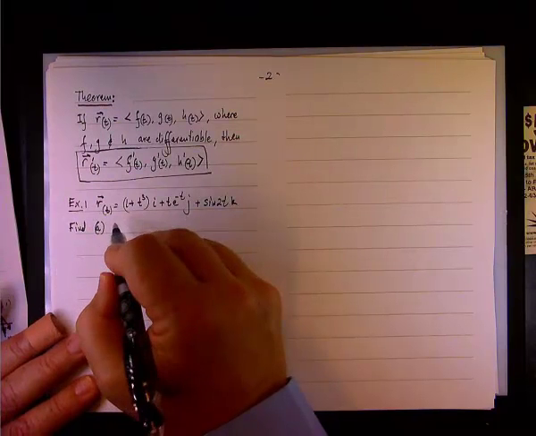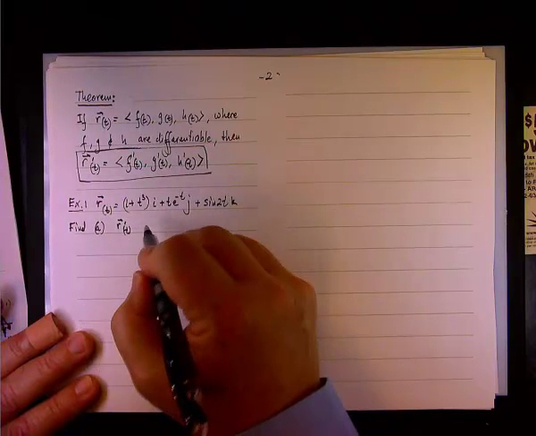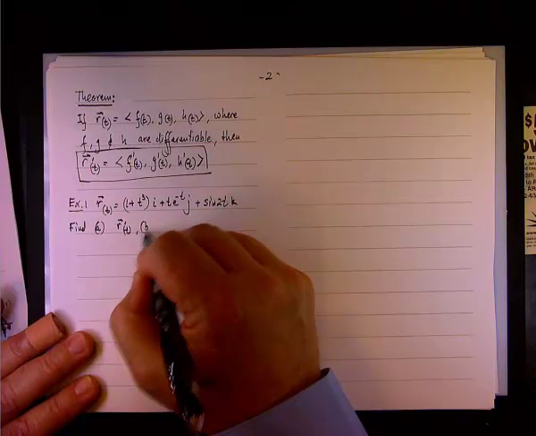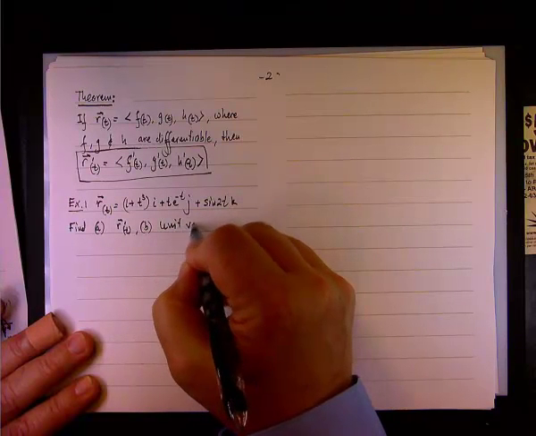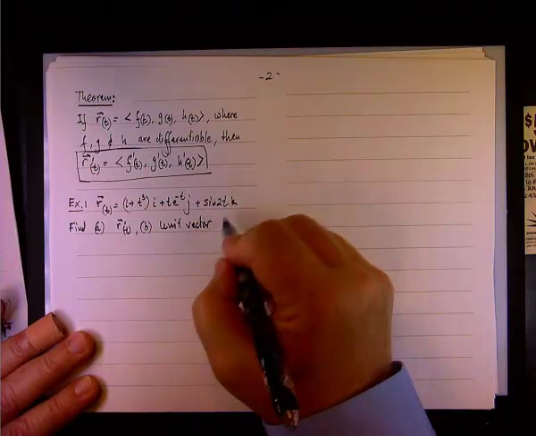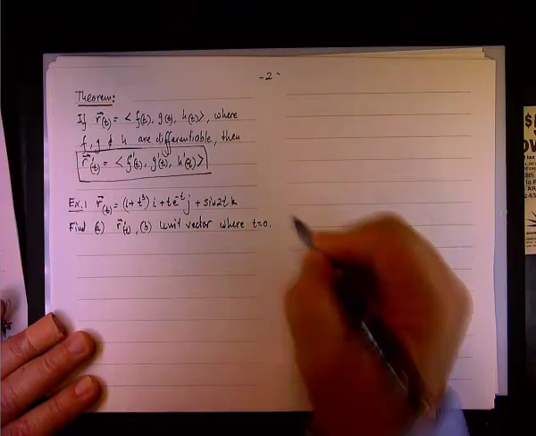We need to find a couple of things. A, we want to find r prime of t, and B, we want to find the unit vector where t equals 0.